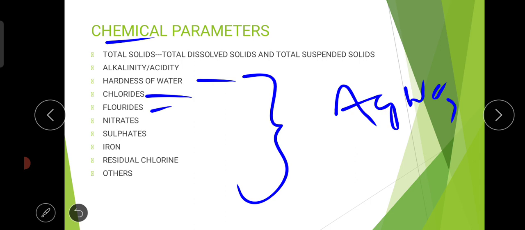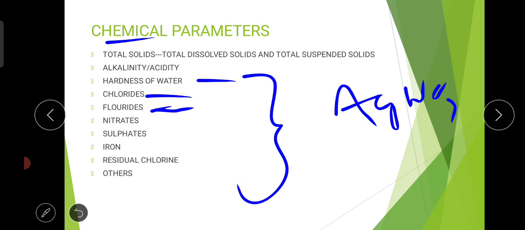Next is fluorides. Fluorides can be estimated through the colorimetric method, titrimetric method, as well as the spectrophotometric method. Here the limit is only 1 to 1.5 mg per liter. This is also a mineral that gets contaminated in water.